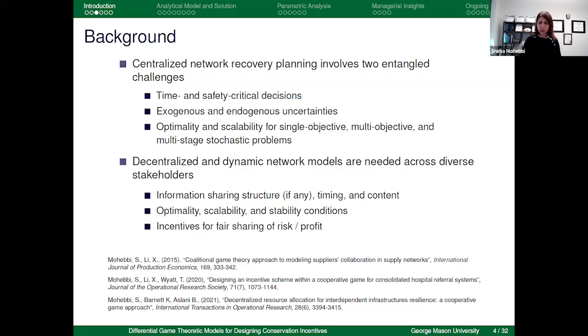Some of our earlier work, which I listed on this slide, focused on formulating and solving cooperative games, either grand coalitions of stakeholders or coalition structures within network models to define fairness criteria such as Shapley value and to ensure the long-term functioning of coalitions.